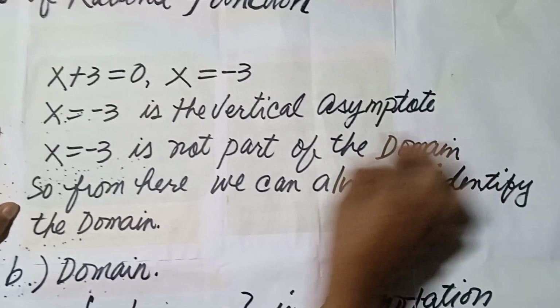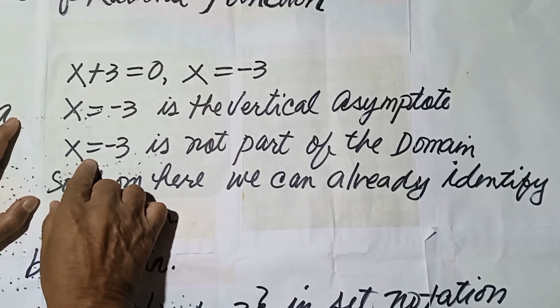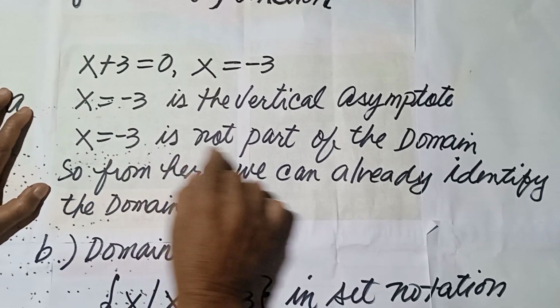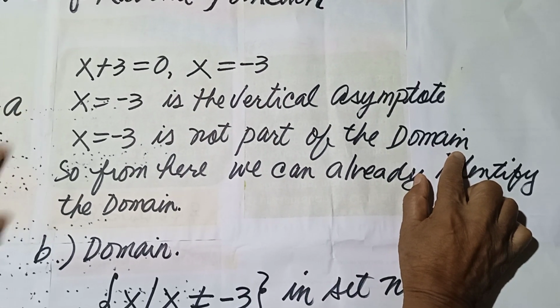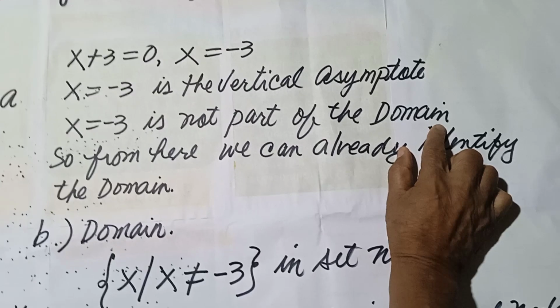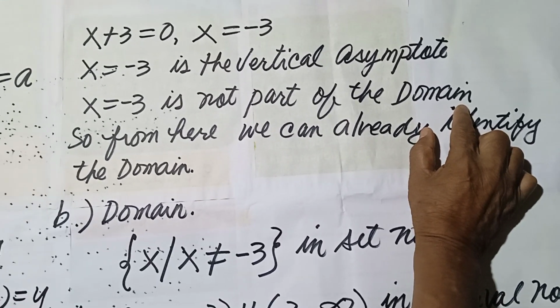And x equals negative 3 is not part of the domain. Why? Because that comes from the denominator.